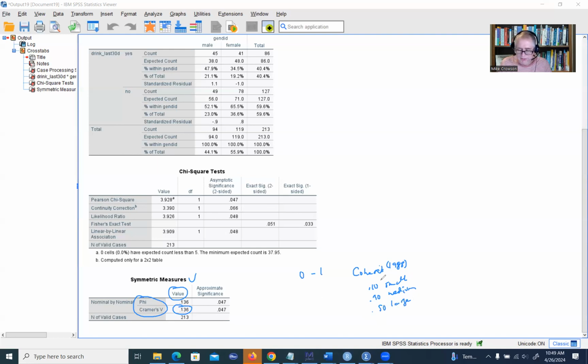If you're familiar with Cohen's recommendations for judging effect size for Pearson's correlation, they're exactly the same. So we're really just using a correlation metric to talk about the relationship between our two variables. You can see that Cramer's V is 0.136, and that would clearly be most consistent with a small relationship.